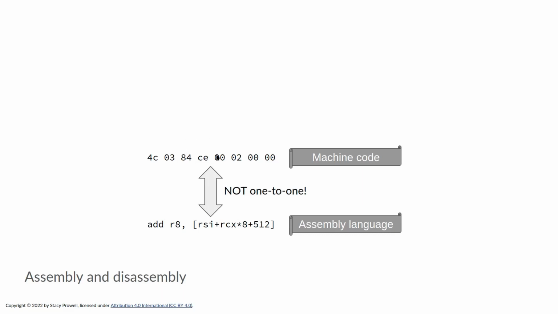And when a disassembler reads machine code, there's a little bit of wiggle room in what it writes out as assembly. It's not perfectly one-to-one. In this case, it might actually be. There might only be one way of interpreting this and interpreting this. But for many other instructions, and we'll see that later on in the class, there is some potential variation in what it can do.